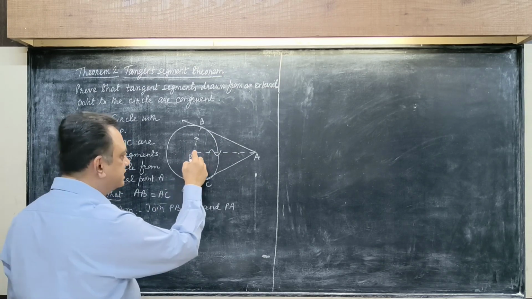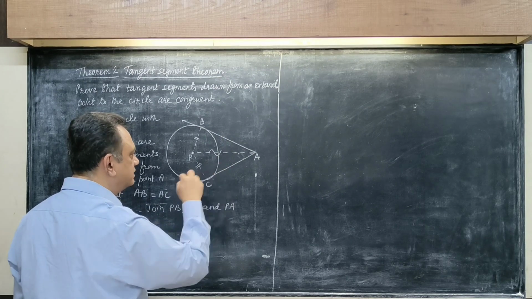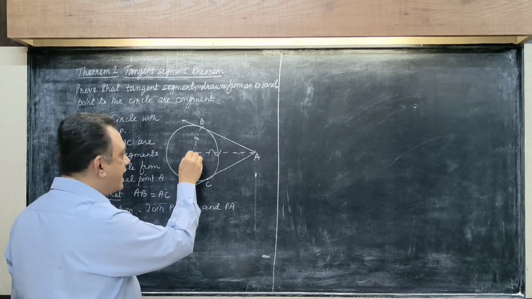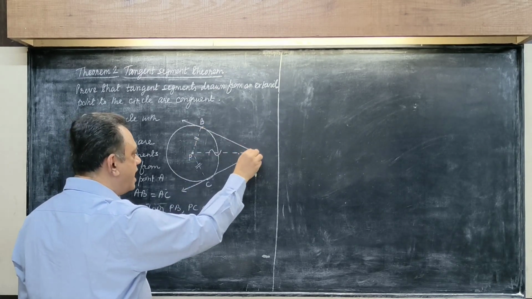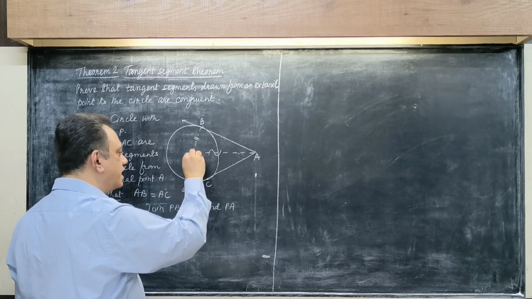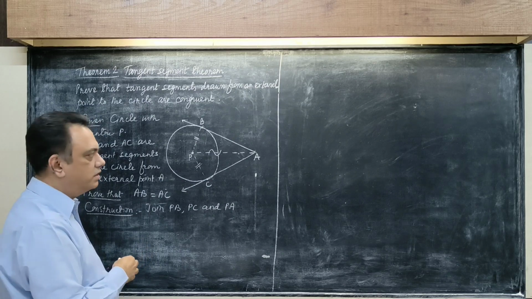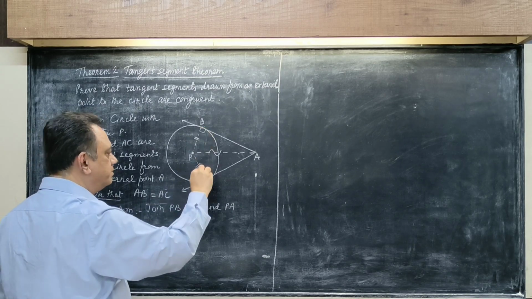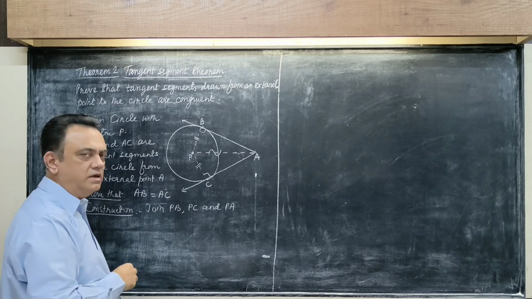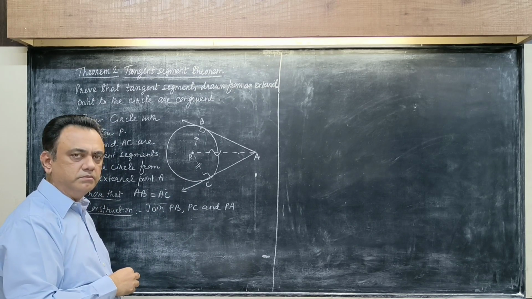This side is common for both the triangles. Angle PBA is congruent to angle PCA. Why they are congruent? Tangent theorem, each 90 degree by tangent theorem.